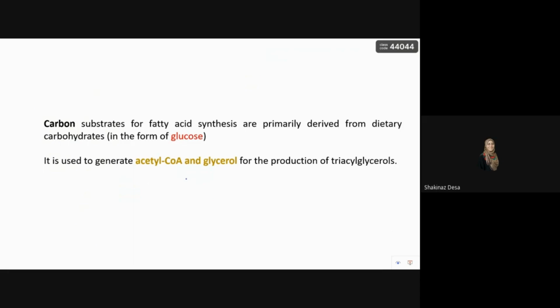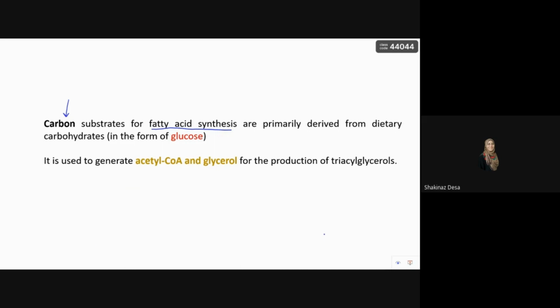Ini adalah the terminology or the concept or the information yang kita kena ingat lah. Untuk menghasilkan fatty acid synthesis, dia memerlukan substrate. The carbon substrates actually come from makanan yang kita makan, from the dietary carbohydrate in the form of glucose.